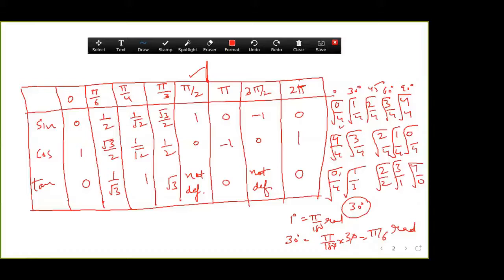You can learn it like this up to 90, and on the previous page we have discussed how to get the values of 180, 270, and 360. Here from the previous page, we can also learn one more thing.